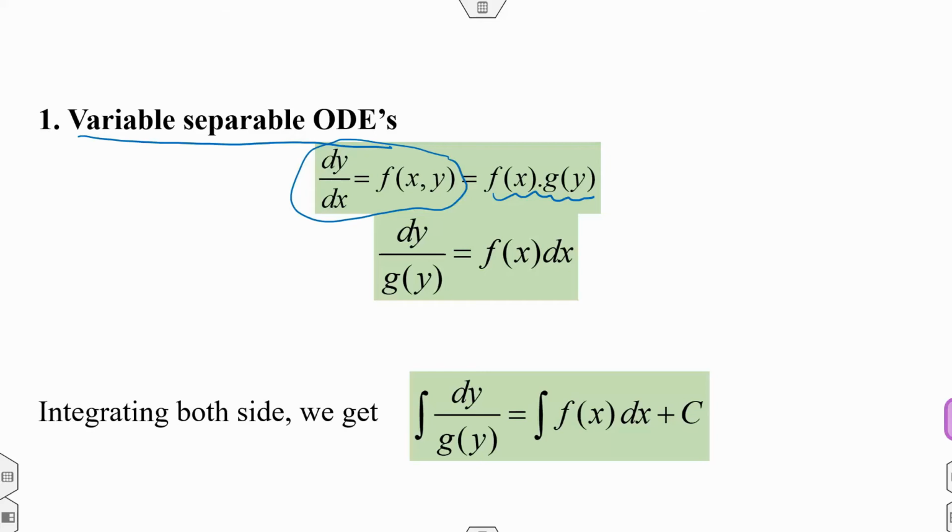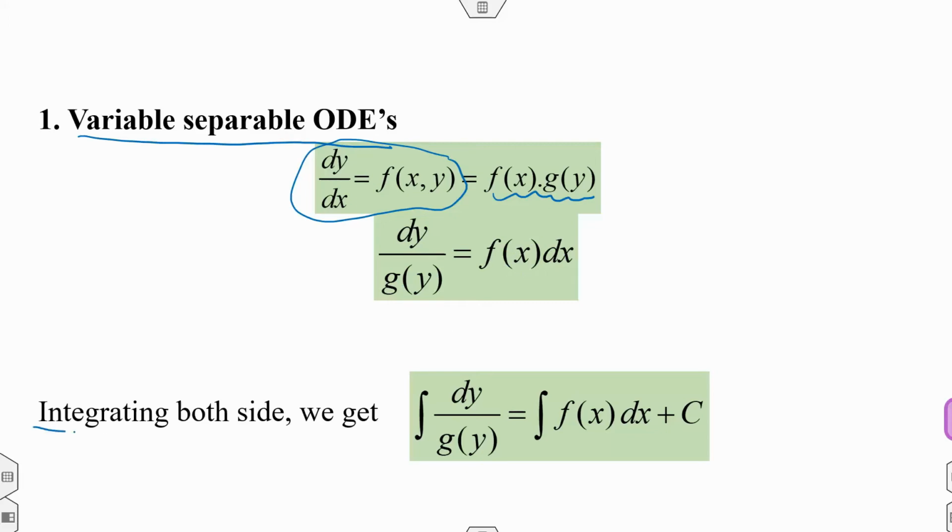So you can see that here I have divided this into two functions, namely f and g, where f is purely a function of x and g is purely a function of y. And I brought together dy and functions of y together and functions of x and dx together.